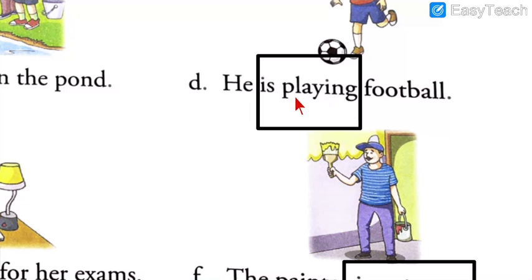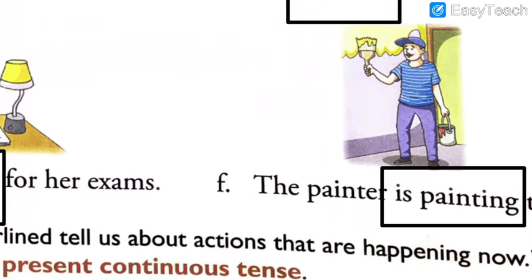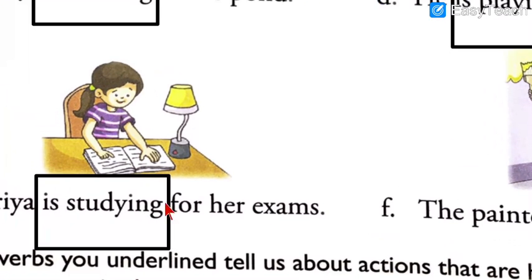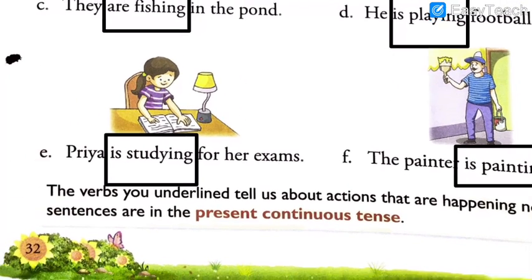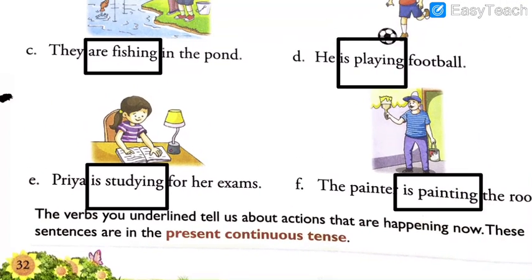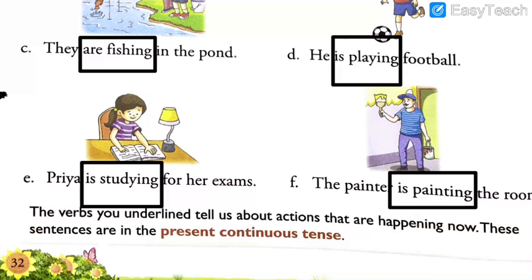So play becomes playing, paint becomes painting, study becomes studying, and so on. So whenever ing form is there behind the verb, it shows the continuous form of that verb. I hope now that the continuous form is clear in your mind.